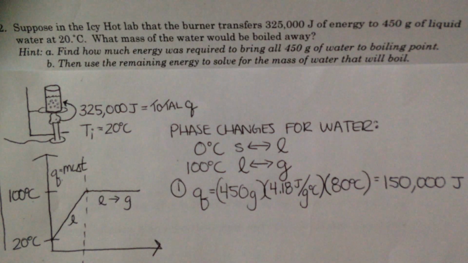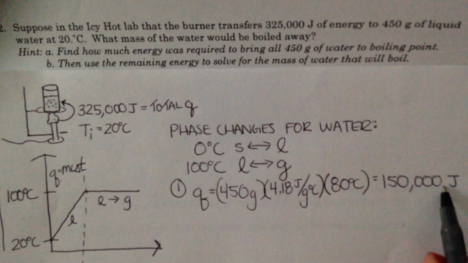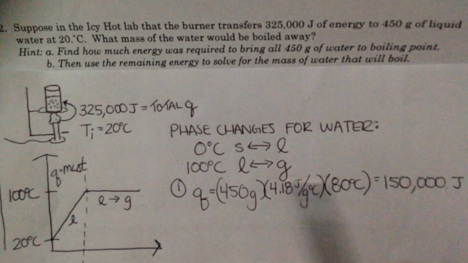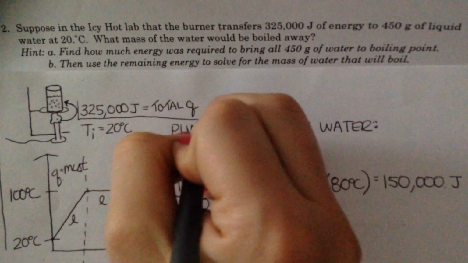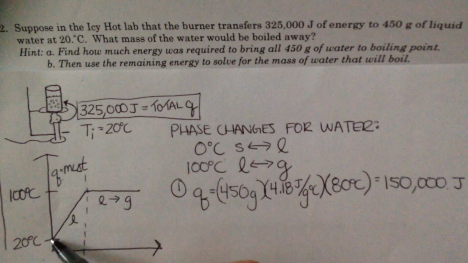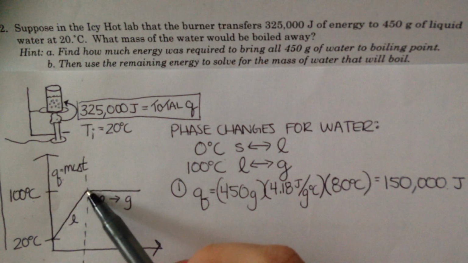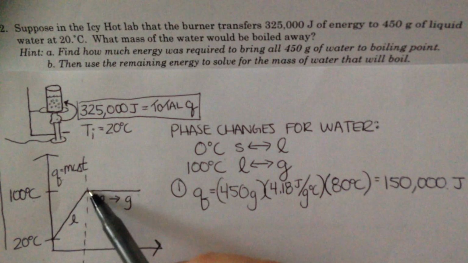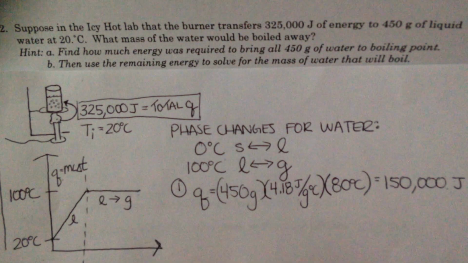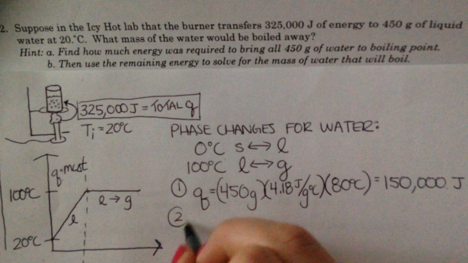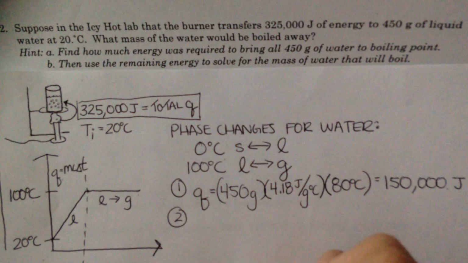So now we know that 150,000 joules of energy came out of our total energy to warm that liquid. So we need to figure out how much energy is left over to boil this water. So step 2 is finding out how much energy is left over.